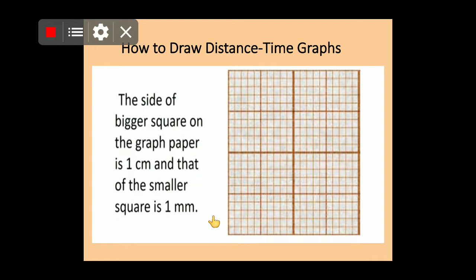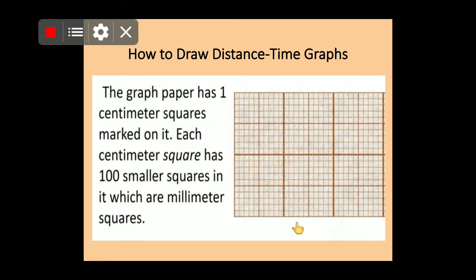As this is a square, all the sides are equal, and each side is 1 centimeter, and the smaller square is 1 millimeter. The graph paper has 1 centimeter squares marked on it. Each centimeter square has 100 small squares, which are millimeter squares.